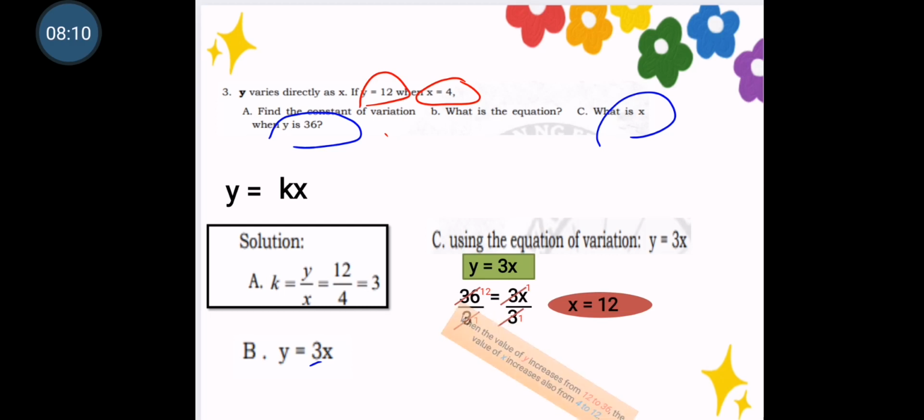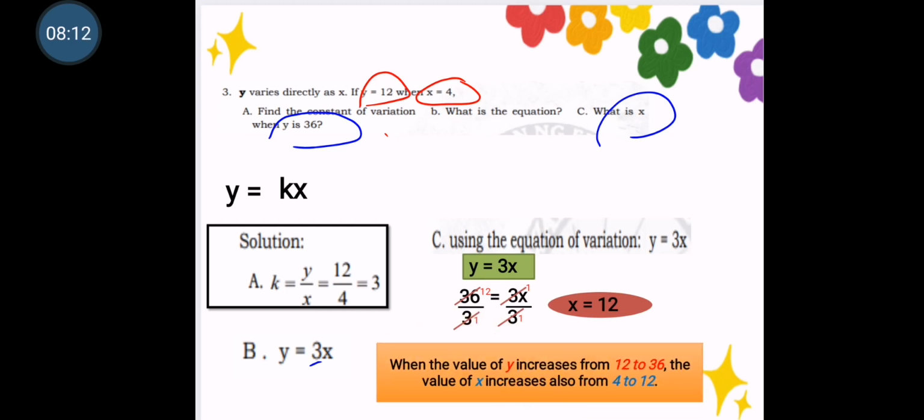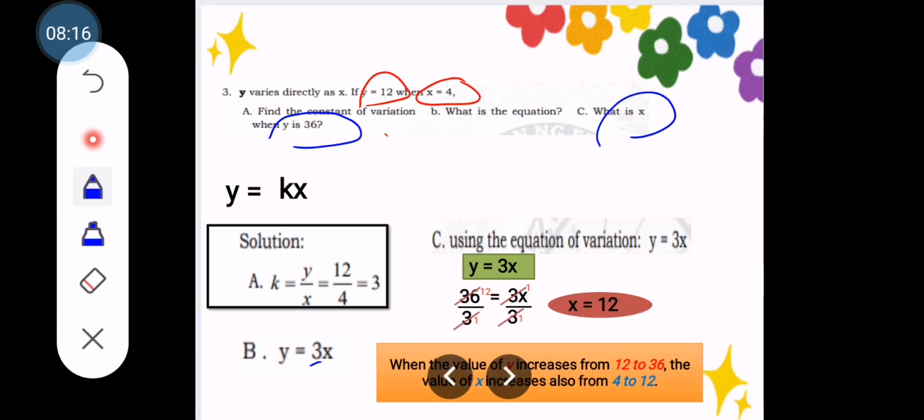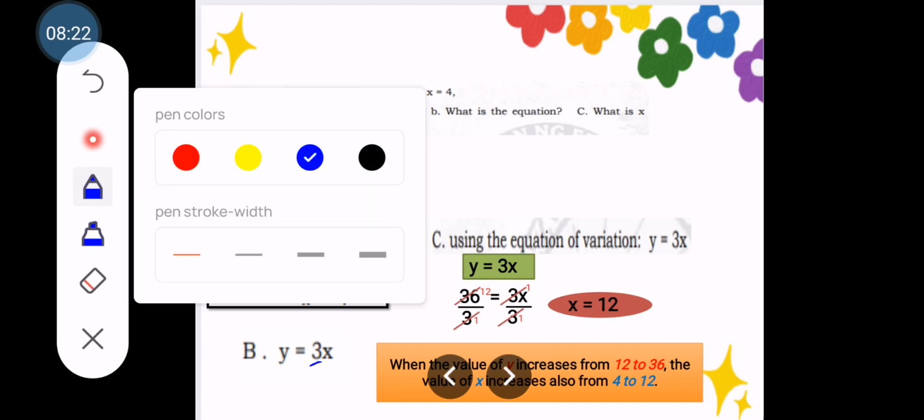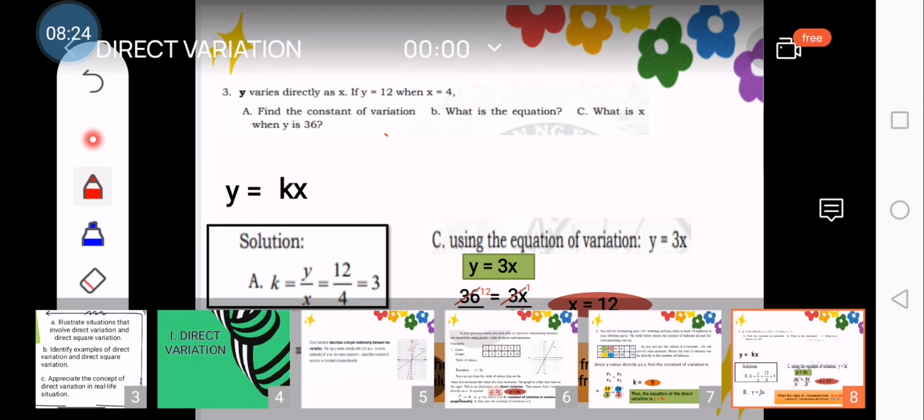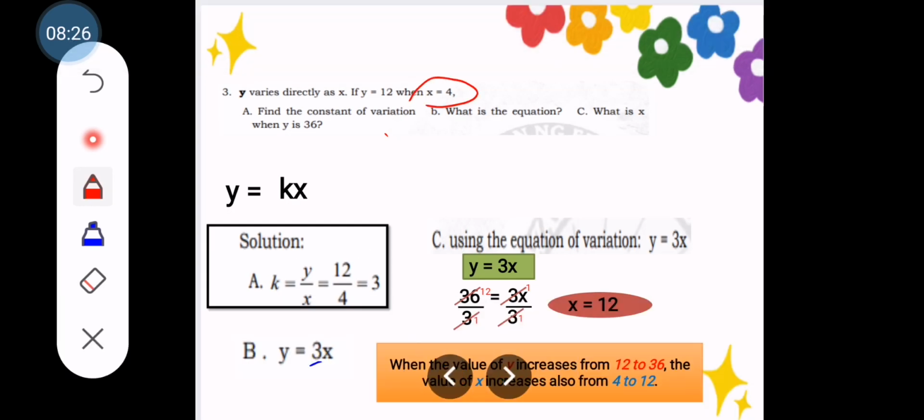Now, when the value of y increases from 12 to 36, saan nakuha yung 12 to 36? Yung unang value daw ni x ay 4. Ano muna pala tayo sa y, sorry. Ang y po natin is 12.